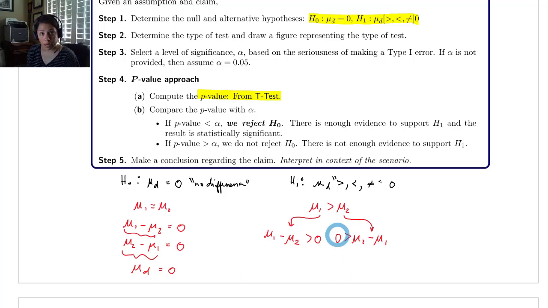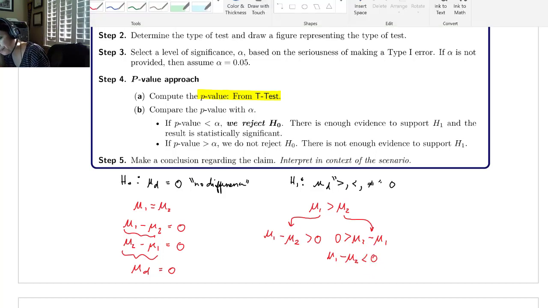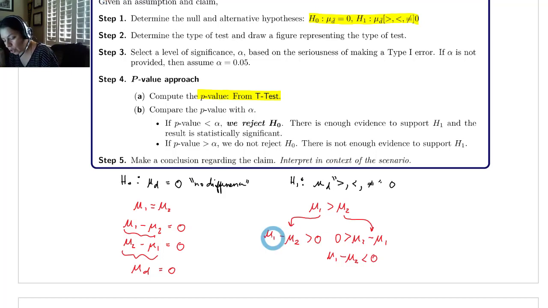But let me rewrite it for you. So where mu sub 1 minus mu sub 2, remember that it eats the larger number always, so the greater than is open at the 0, so looks like that. So what just happened? Notice when I moved mu sub 2 over to the left, I got mu sub 1 minus mu sub 2 greater than 0, right? So this has become a right tail test.